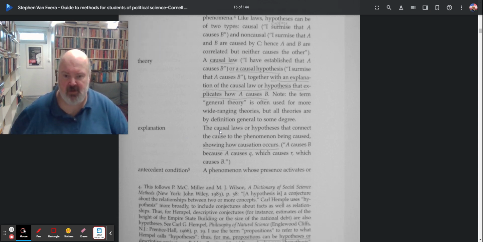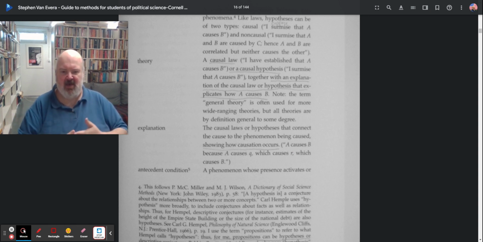Explanation. The causal law or hypothesis that connects the cause to the phenomena being caused, seeing how causation works. In other words, the explanation is A causes B because A causes Q, which causes R, which causes B. In other words, why does it do what it does?